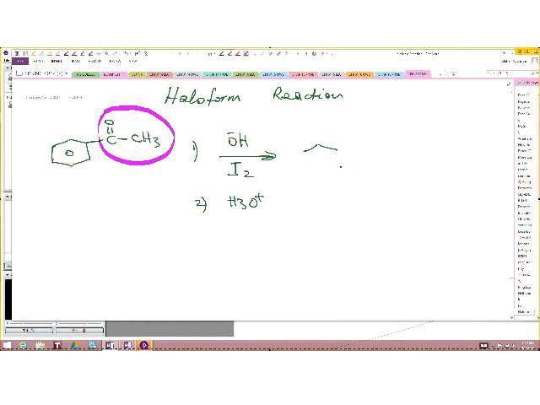This is what you get, plus iodoform. It's a yellow color.